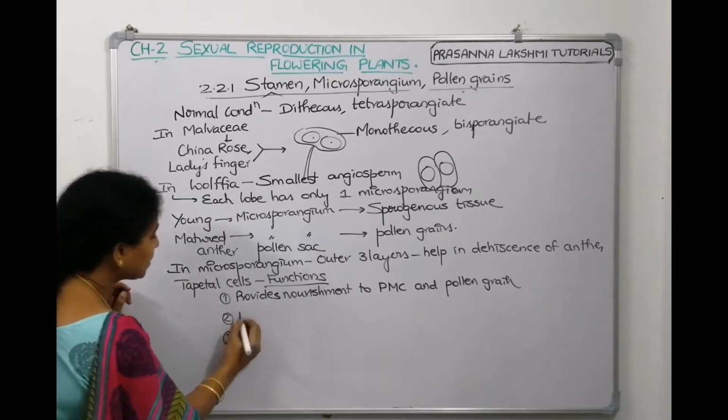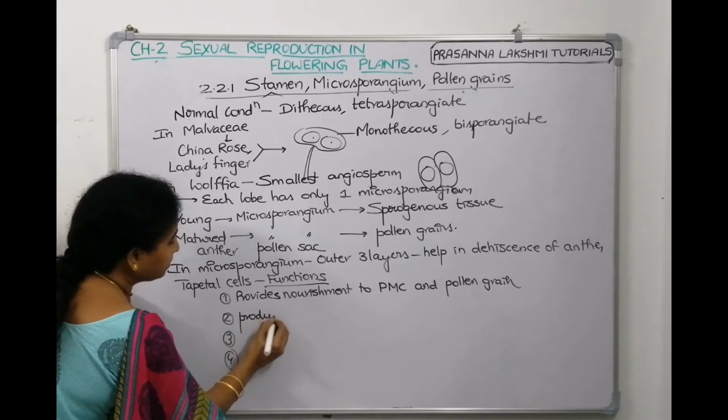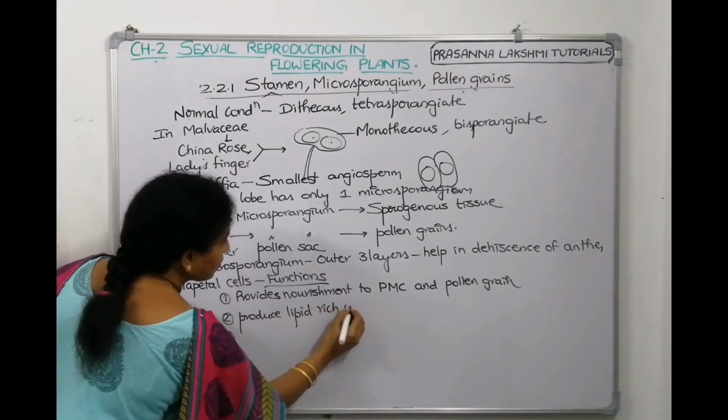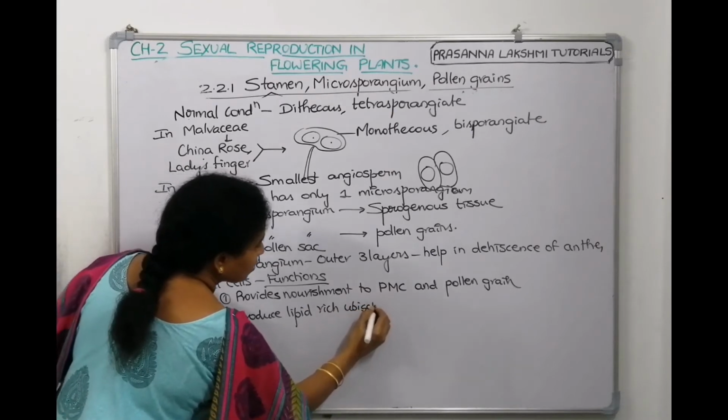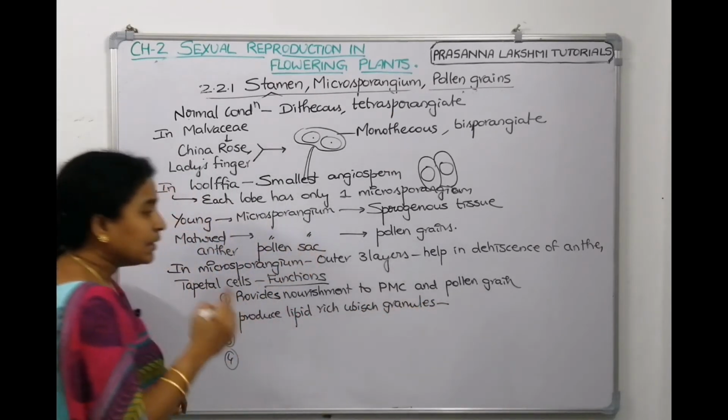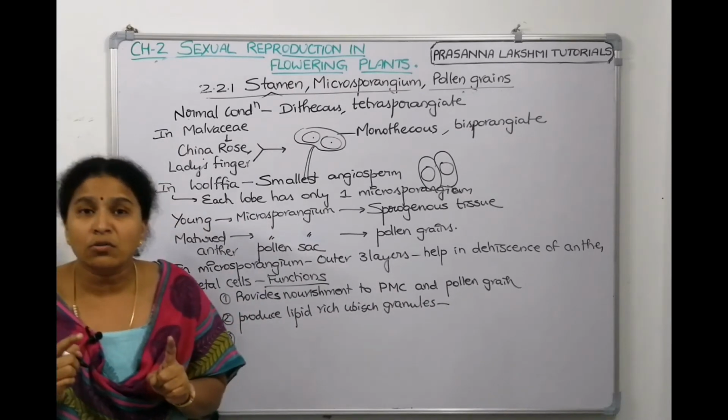So tapetal cells produce lipid-rich Ubis granules. What do these Ubis granules make?